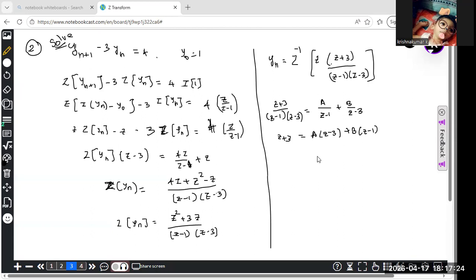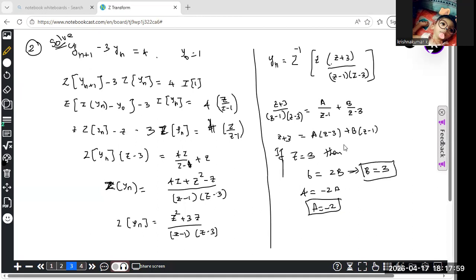Now take z is equal to 3. If z is equal to 3, then this becomes 6 equal to 2b. So this implies b is equal to 3. Similarly, if z is equal to 1, then this 4 is equal to minus 2a. So a equal to minus 2.